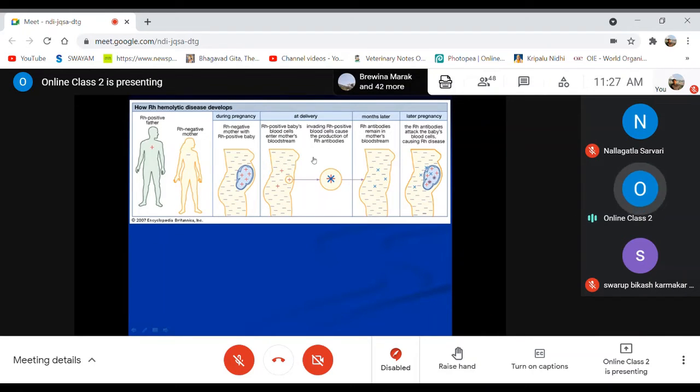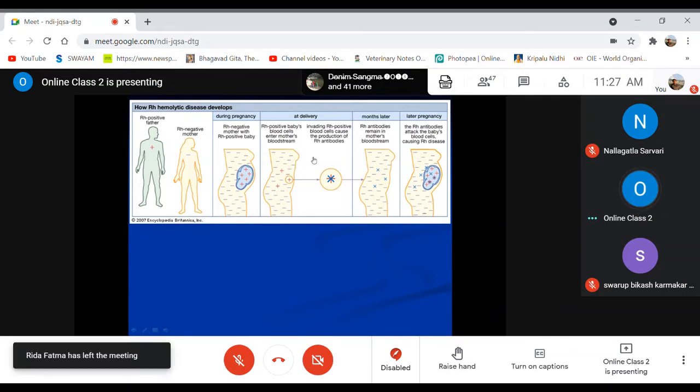But in animals, because the placental barrier is very thick, with six layers, the antibodies cannot pass through, so they cannot kill the fetus, but they accumulate inside the colostrum.